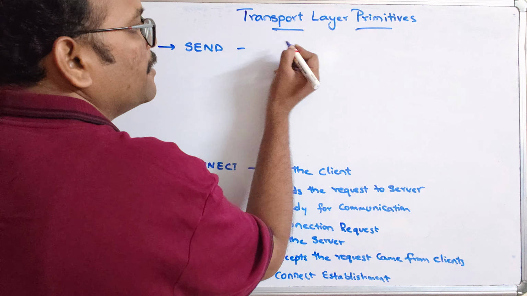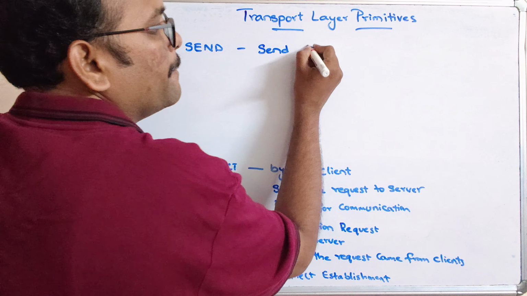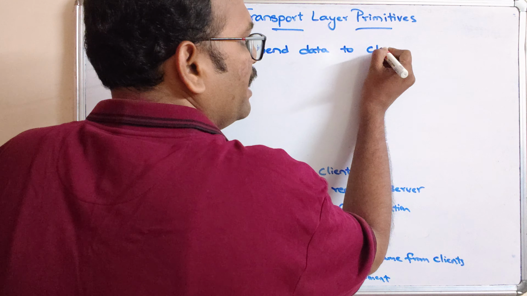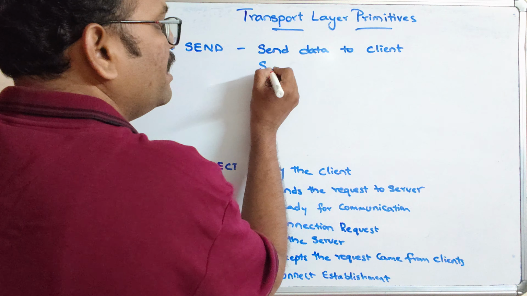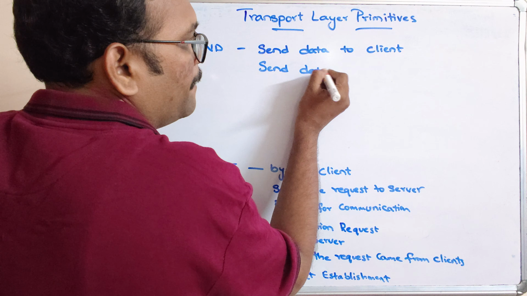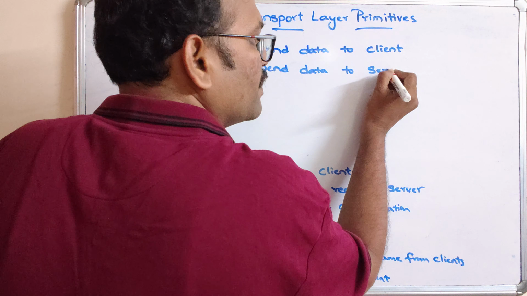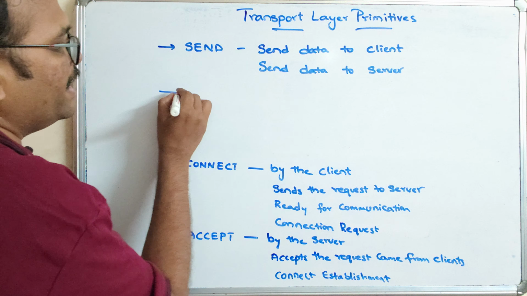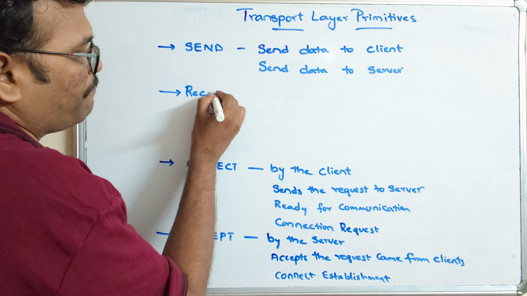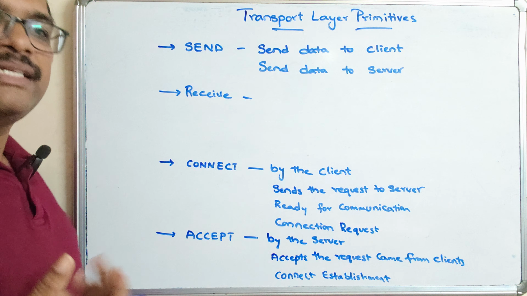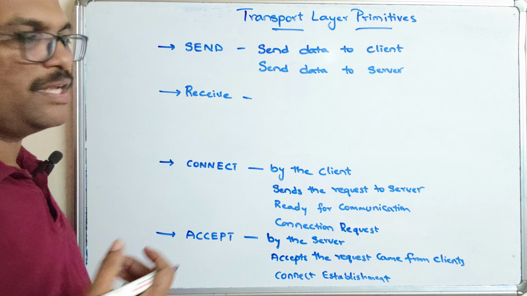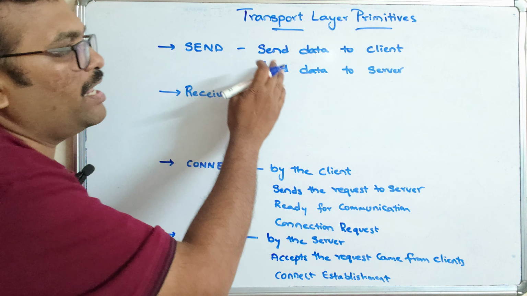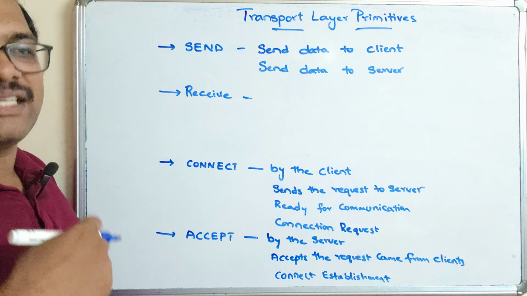So SEND means send data to client, send data to server. It will be done by both client and server. And the next one is RECEIVE. Here again the name itself indicates it is accepting the messages. When the sender sends the data, the receiver will accept the message.